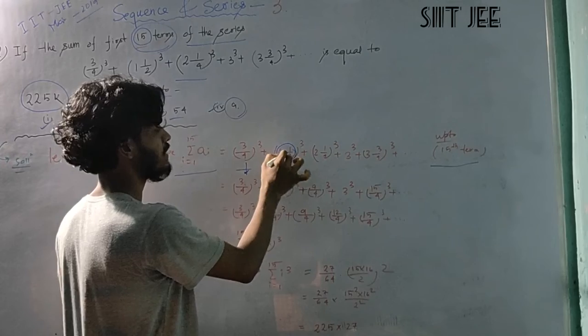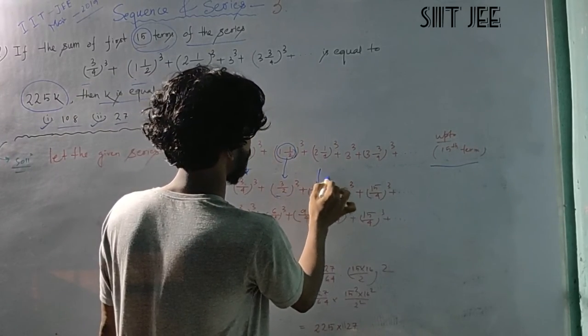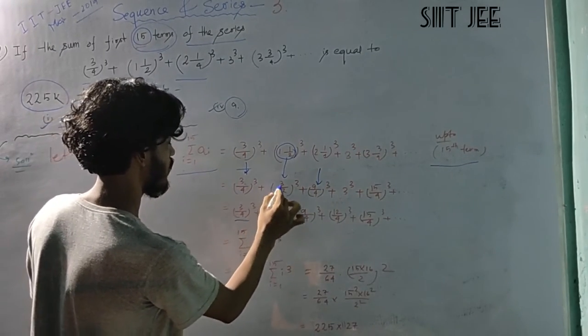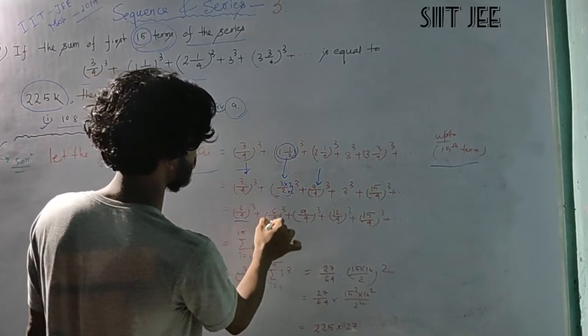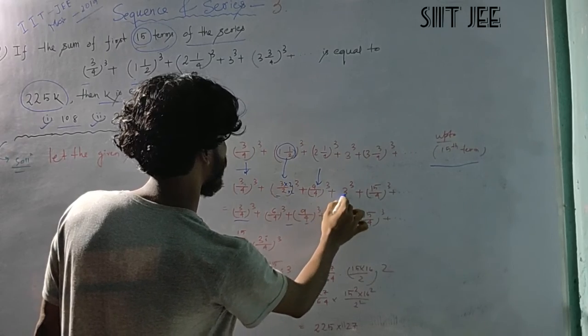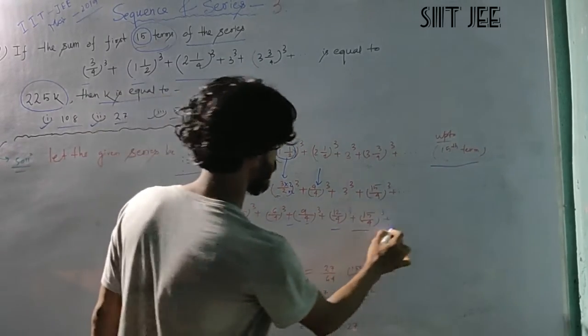Making this mixed fraction an improper fraction, we have 3 by 2 cube, similarly 9 by 4 cube and so on. And we can construct 3 by 4 cube, now multiplying both numerator and denominator by 2, we have 6 by 4 cube and so on. Similarly 9 by 4 cube, and 3 can be written as 12 by 4, so 3 cube is nothing but 12 by 4 cube and so on.